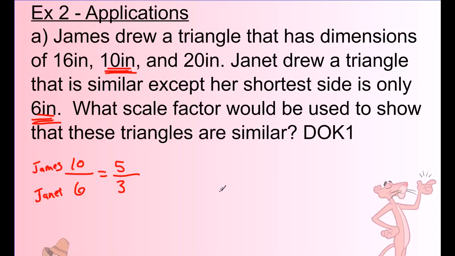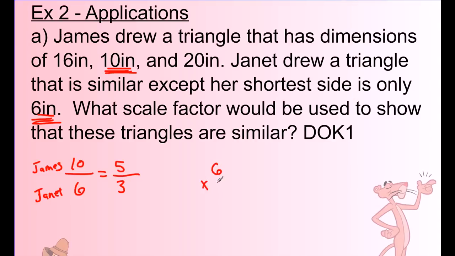So if I took all of the side lengths of James, this 16, this 10, and this 20, and if I would multiply each of them by 5/3, that would tell me how big, I'm sorry, the other way around. If I took all of Janet's sides and I multiplied them by 5/3, that would give me how big James's sides are.